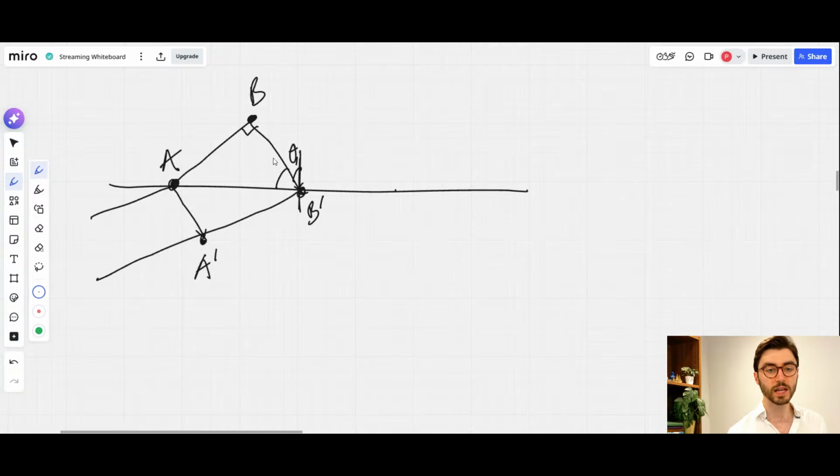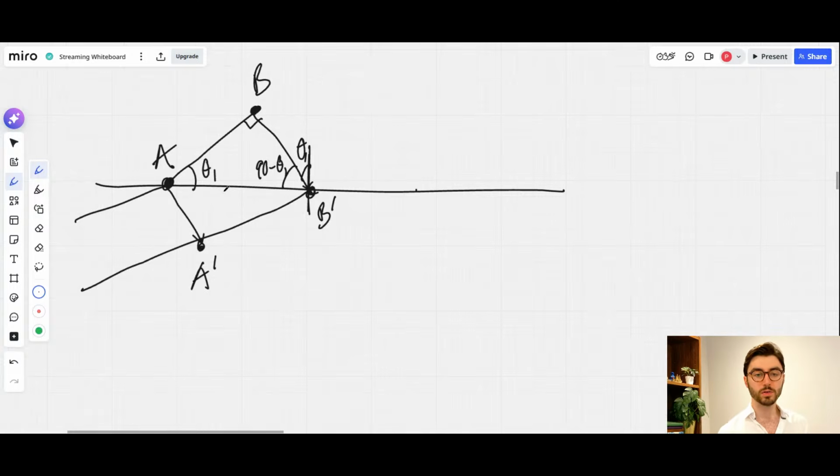So this angle in here would be 90 minus θ1, which means this angle here is θ1. We can also then say that this ray here, perpendicular to the normal, this in here would be θ2. This angle in here would be 90 minus θ2, which means this angle here is θ2.